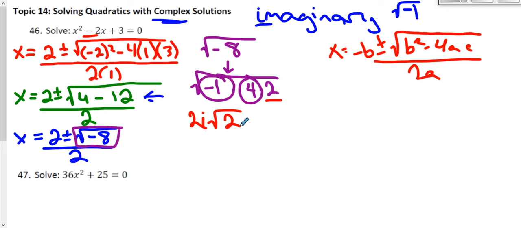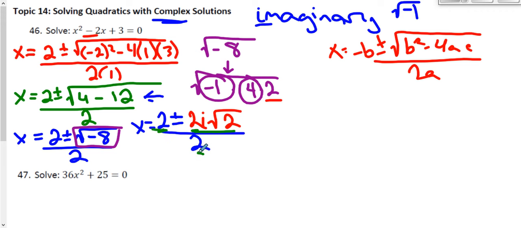And I'm going to go ahead and fill in the rest of my formula that I had before. 2 plus or minus out front, and this divided by 2 on the bottom. So we're almost finished with this problem. The very last thing I want to do is simplify, and this can be simplified just a little bit. You'll notice that this plus or minus separates these two terms. Both of them have a 2 in them, and we're dividing by 2.